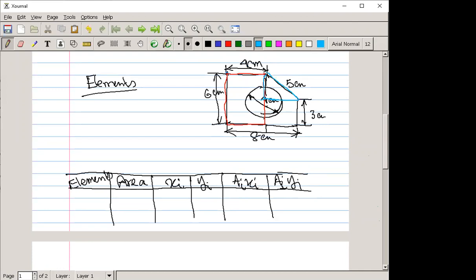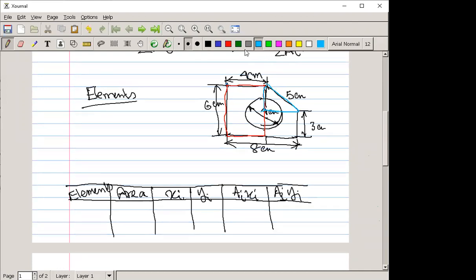Another one is this triangle, another one is this area, another one is this portion.